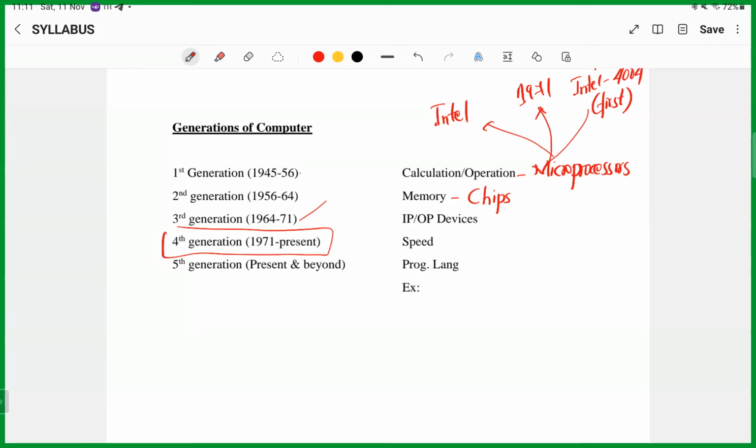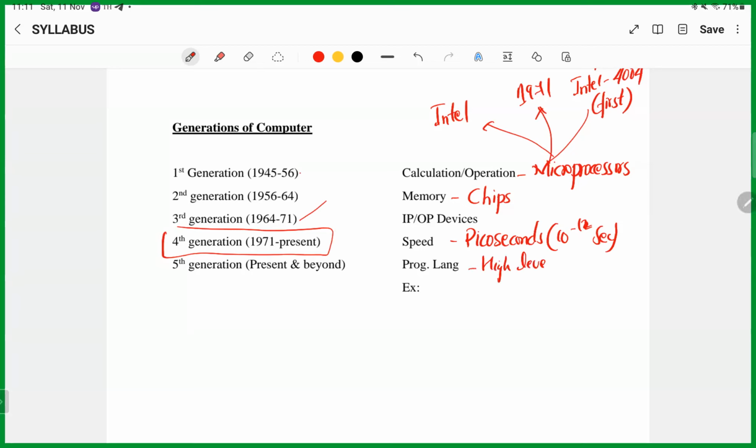Okay. Speed. Now we call it picoseconds. Okay, 10 to the power minus 12. So minus 3 at the start becomes minus 12. That's a kind of speed. In every generation, there is an increase of the speed. So programming language as usual, high level only.